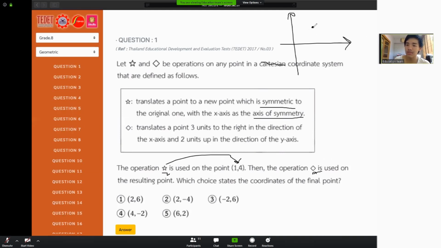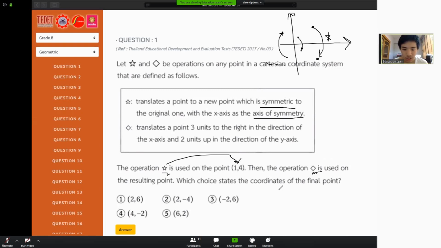So it essentially just goes down around to here. That's what the star operation is doing: it sends a point to another point which is symmetric to it with respect to the x-axis.